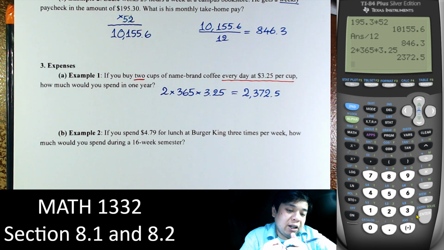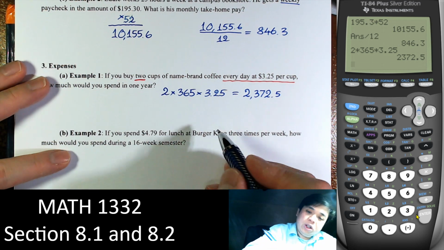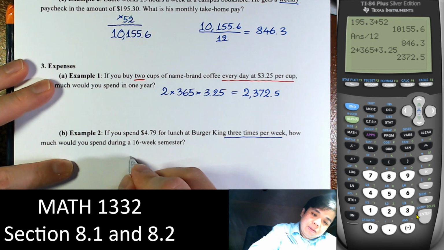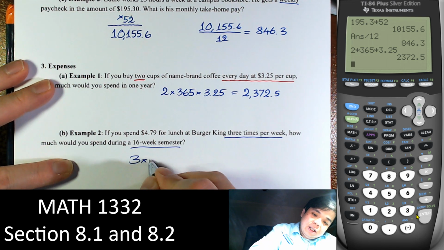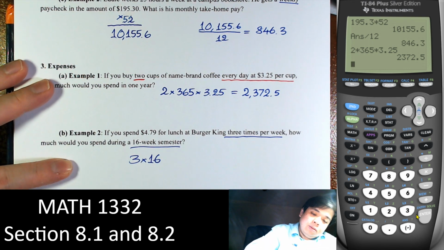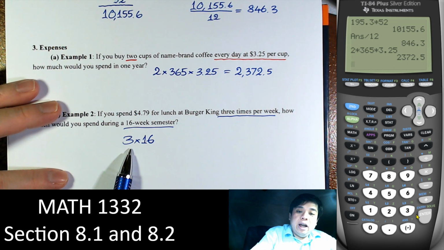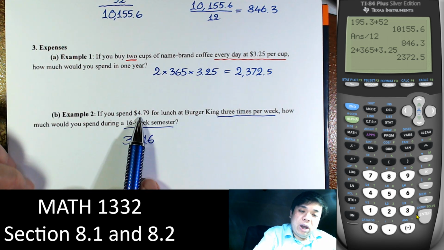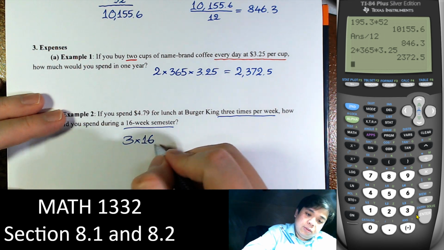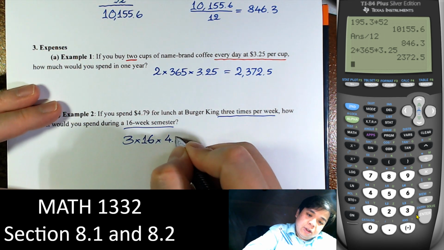If you spend that much for a lunch at Burger King 3 times a week, how much would you spend during a 16-week semester? Right, so 3 times a week, 16 weeks, and we have to pay that much each time.